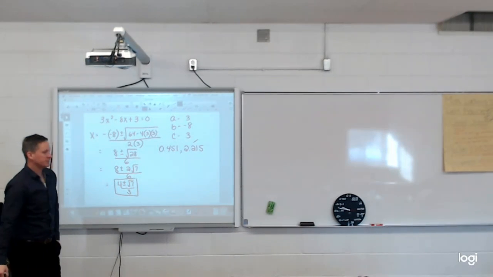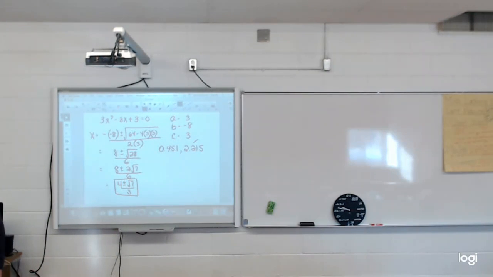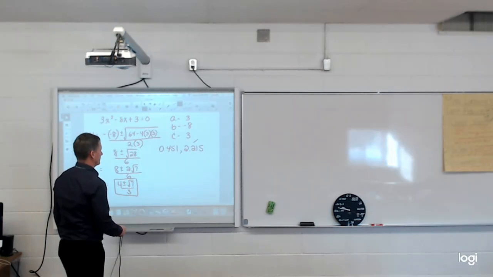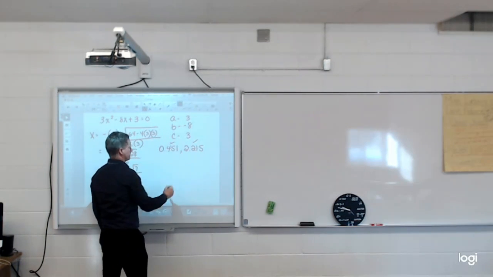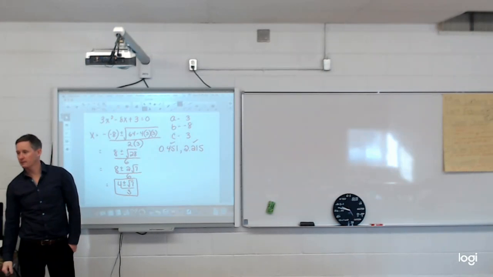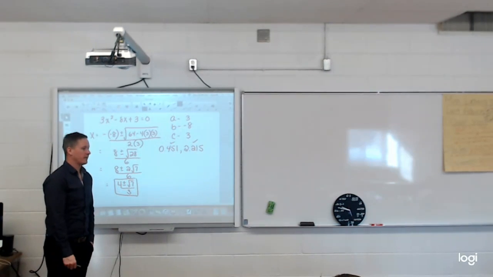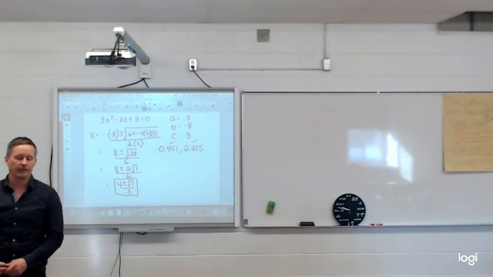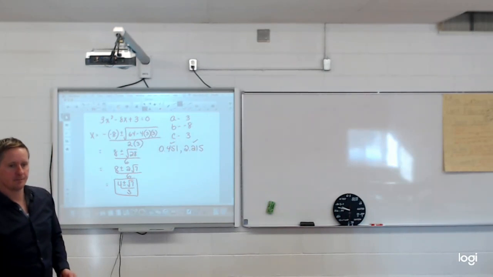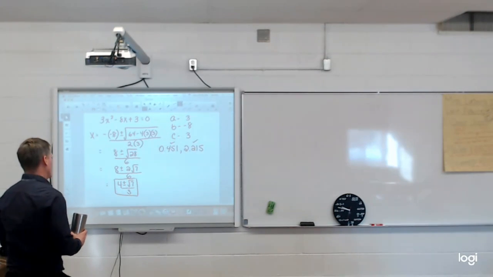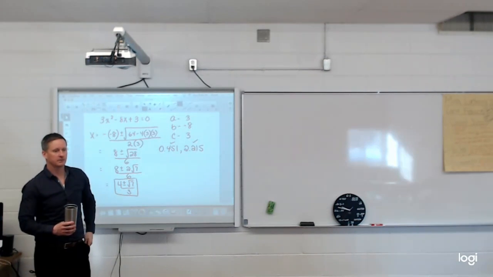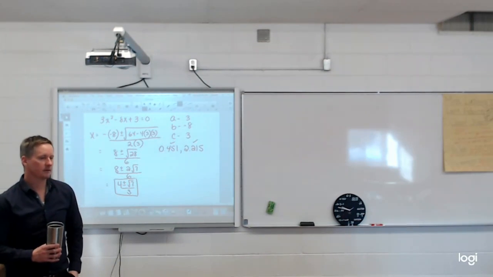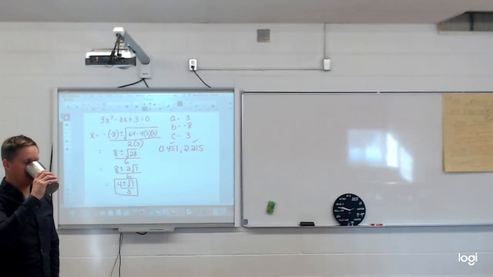Now go 4 subtract root 7, hit equals, divide by 3. 0.451. I have no problems with you doing this. You show me the work, and then you check it with your graphing to make sure you got it right. That's all good. All right?